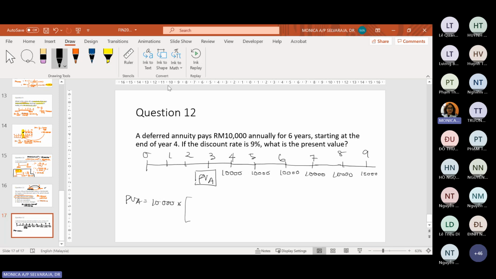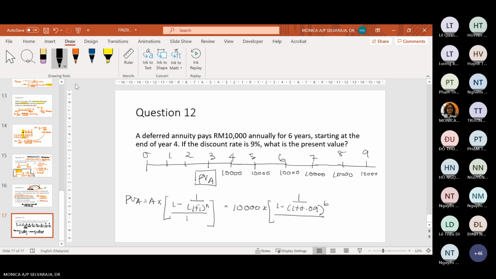annuity, multiply the formula. You all say must show formula, right? 1 minus 1 divide 1 multiply formula. Okay, so now, so what's our answer here?